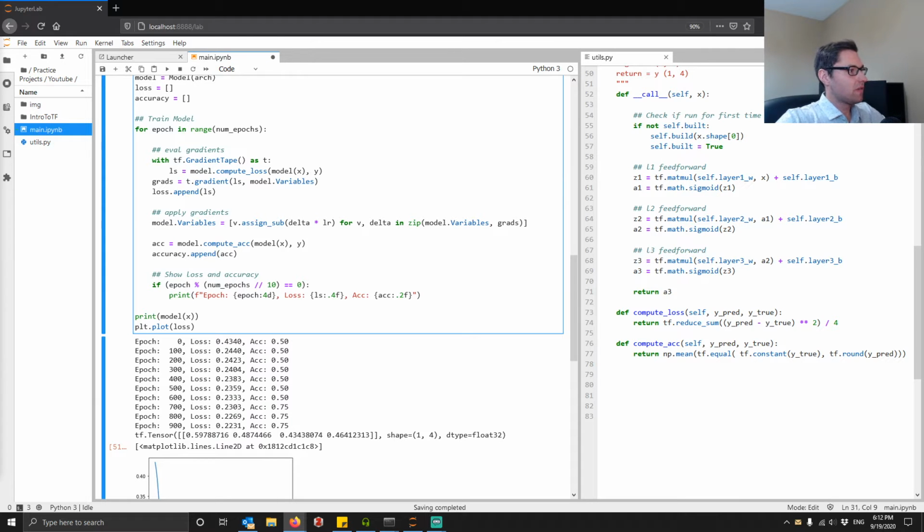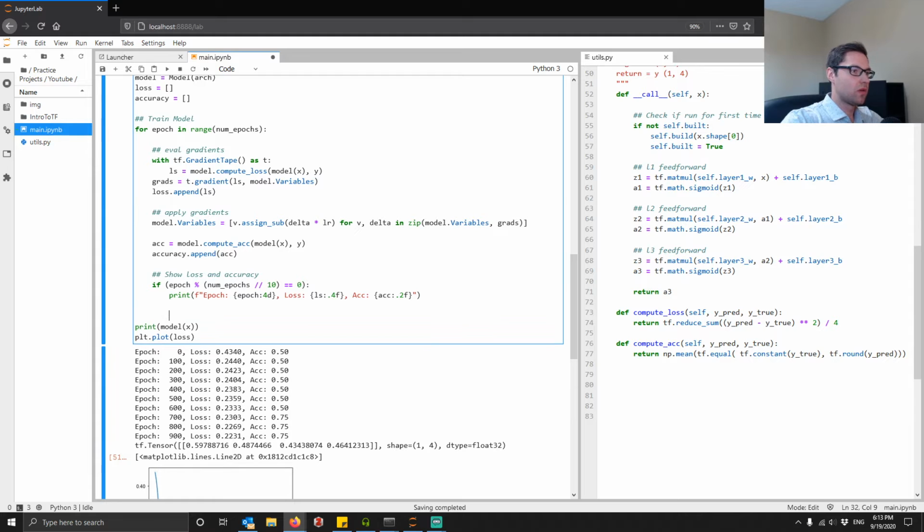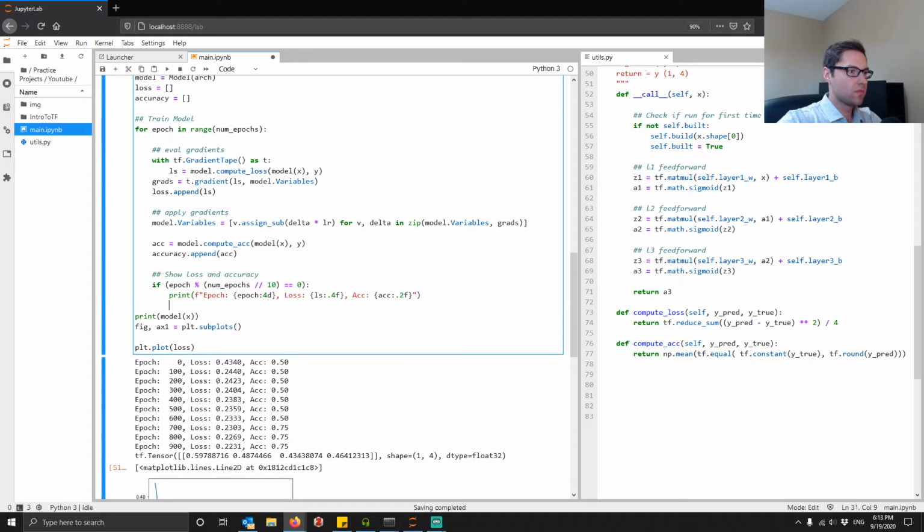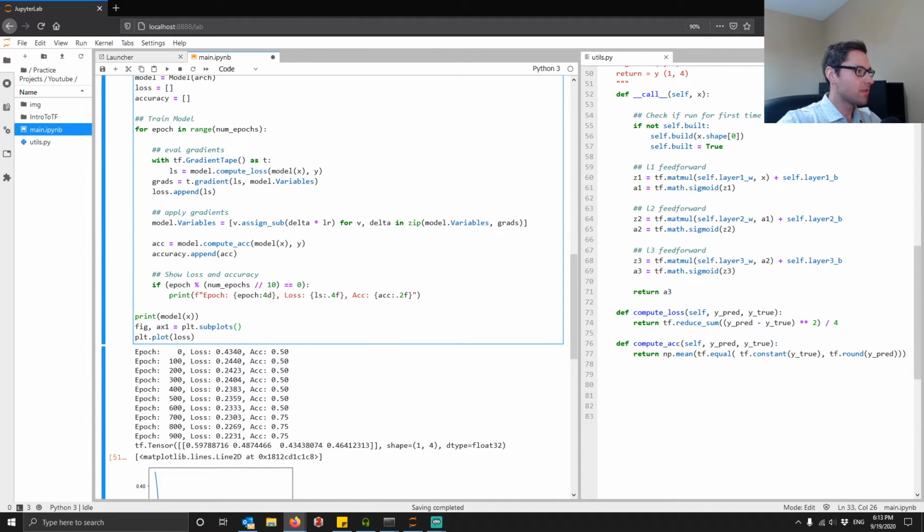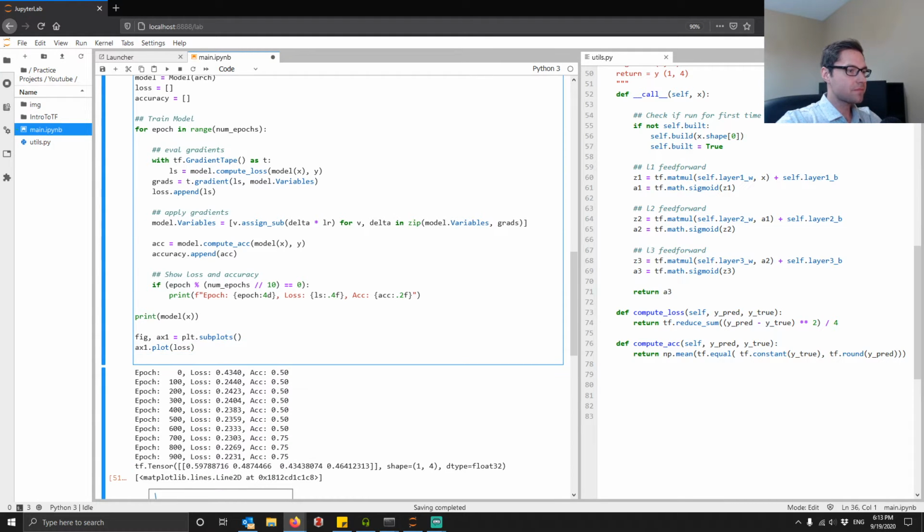Let's just plot quickly the accuracy. I think we're going to make things easy for us. It's nice to plot these on the same one. So what I'm going to do is take that plt.plot and plot it on the first axis of our subplot.